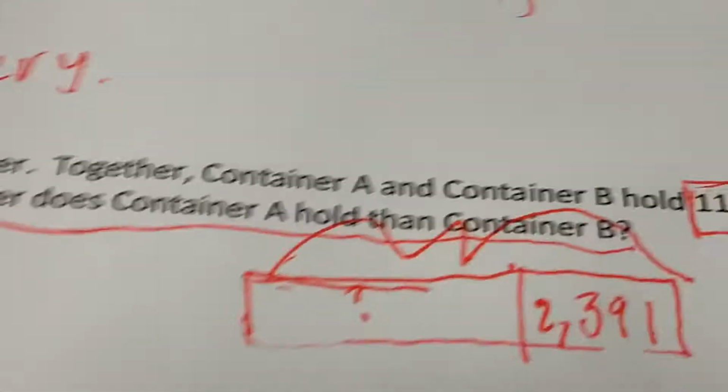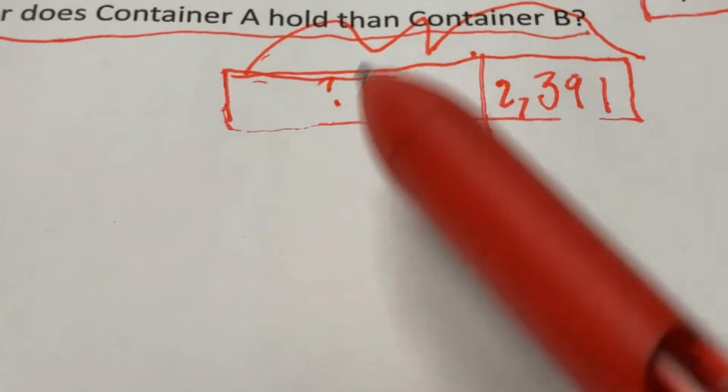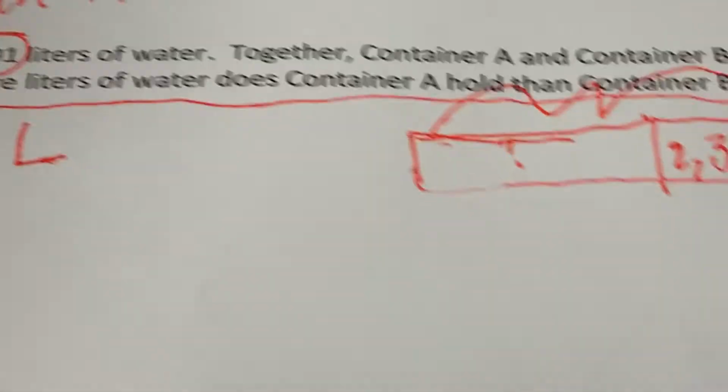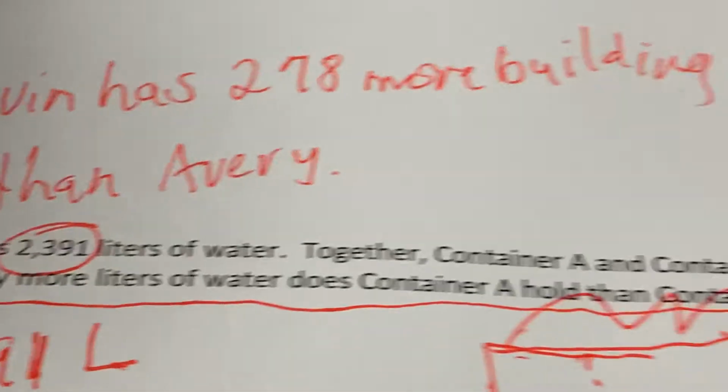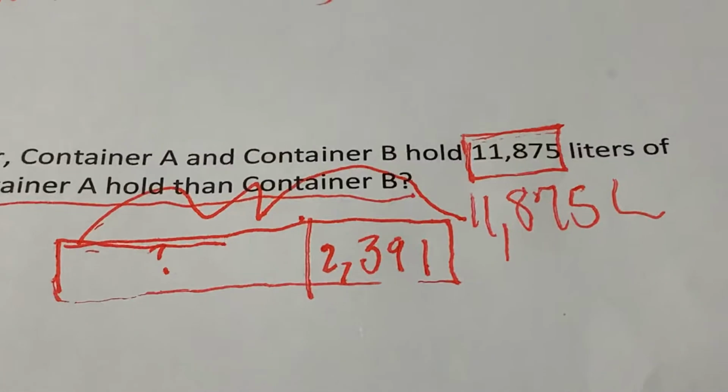But I know together, this showing together, that when I add whatever A is to 2,391, that should give me 11,875 liters. So the 11,875 liters, that's going to be my whole.